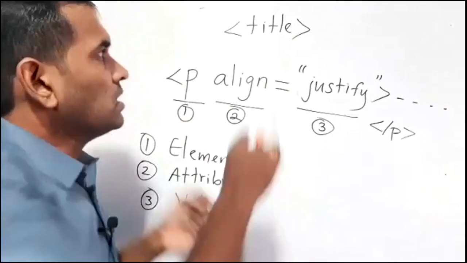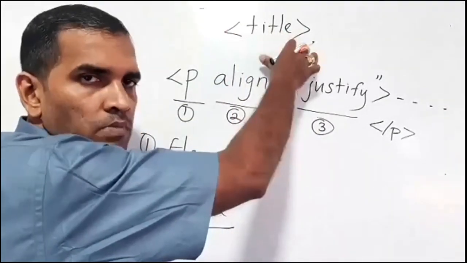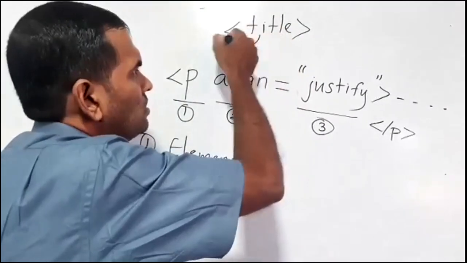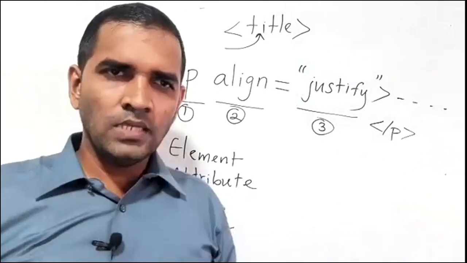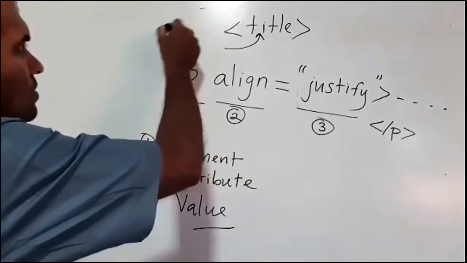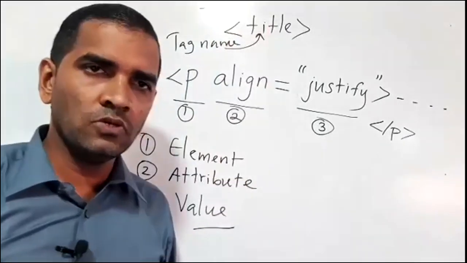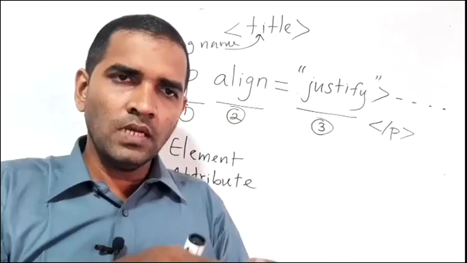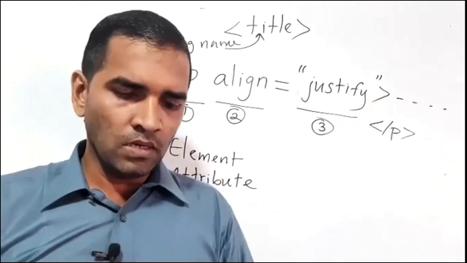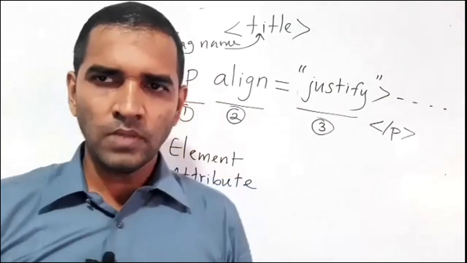But the word which is inside of these two angle brackets can be called tag name. There is actually no special word used to describe that. It is a tag, but the word inside of those two angle brackets can be called tag name. You don't have any special name here.